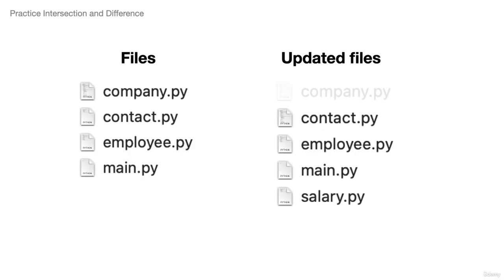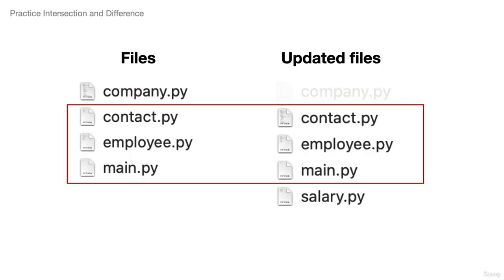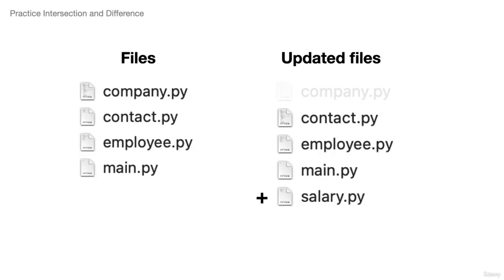You need to figure out 3 things. Deleted files, files that stay in the list, their date, time or file size might be changed, and the files that are new in the list. To solve this problem, you will use set intersection and set difference operations.